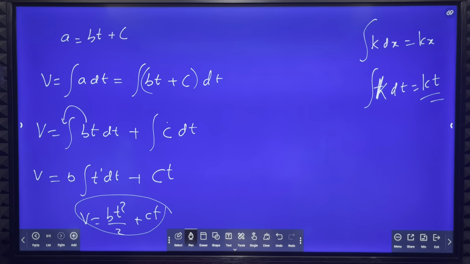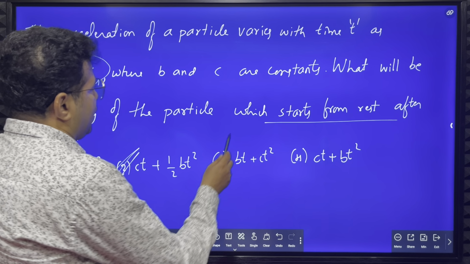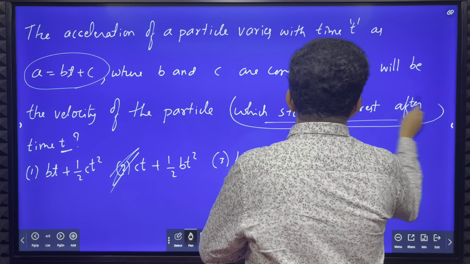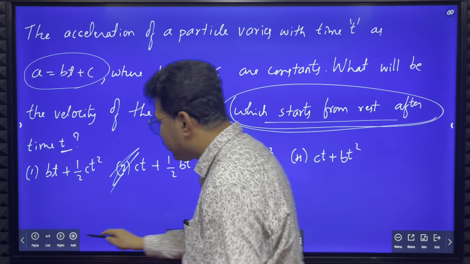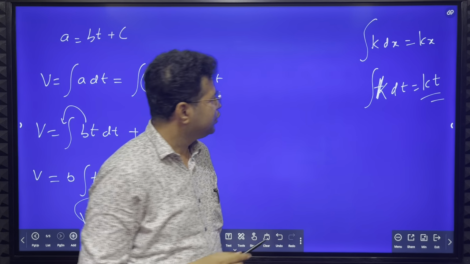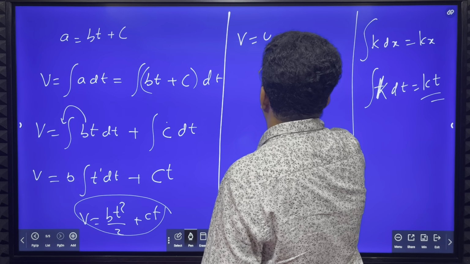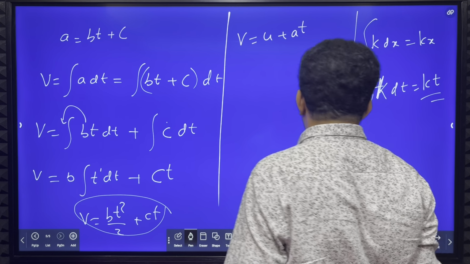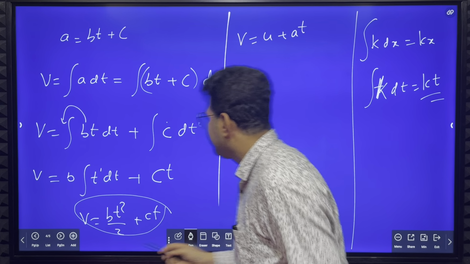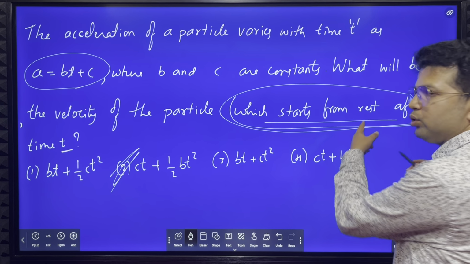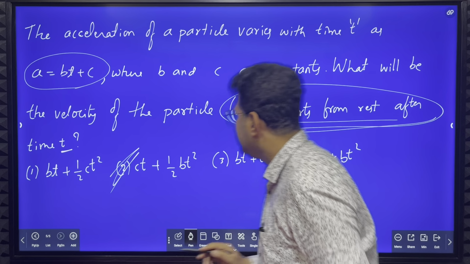But here there is a danger. What is the danger? They have given the point that the particle starts from rest. Sometimes we may directly use this equation: v is equal to u plus at. The particle starts from rest, so initial velocity is 0.